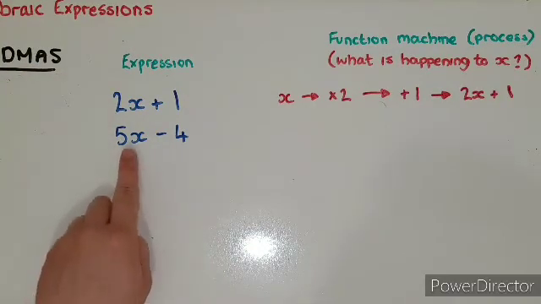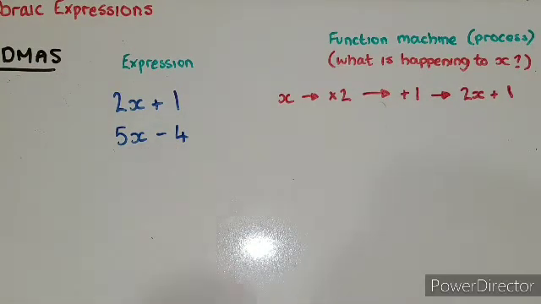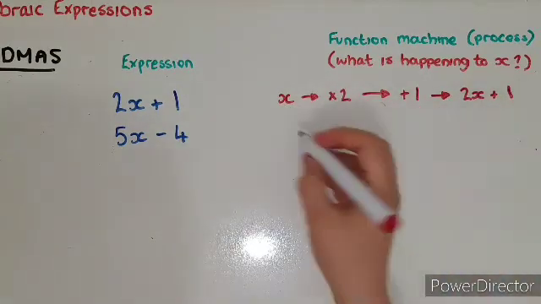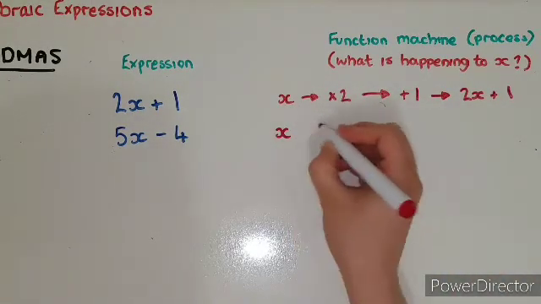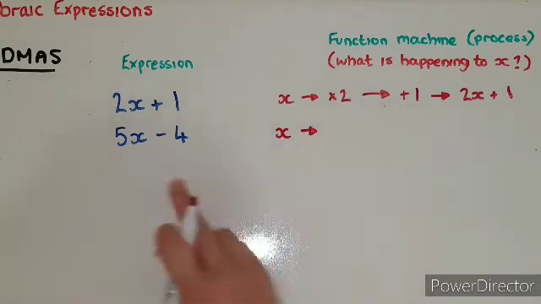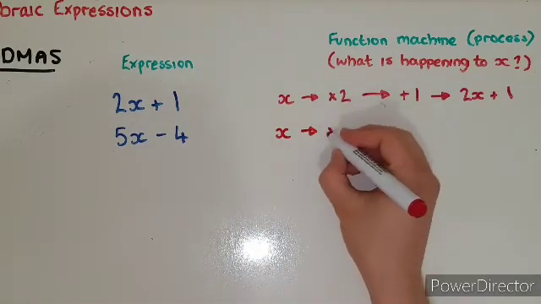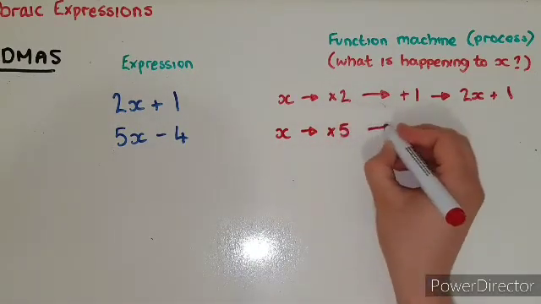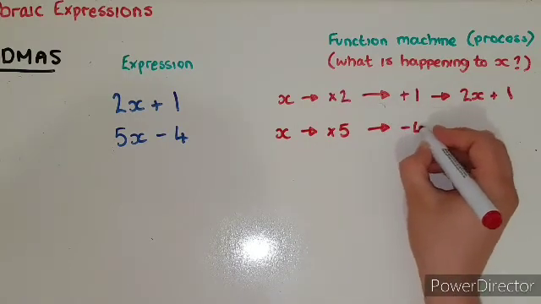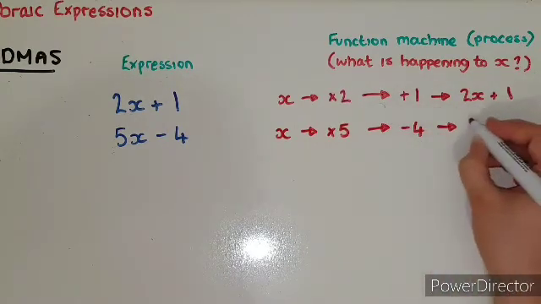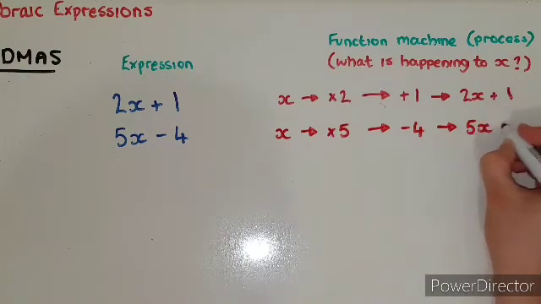So I'm going to have to do the times by 5, then subtract 4. So my process of what is happening to x is that x has been multiplied by 5 first, and then we are subtracting 4, which gives us 5x minus 4.